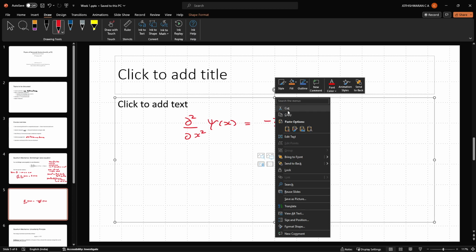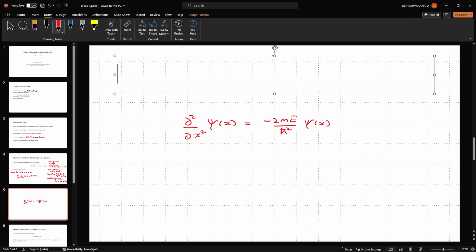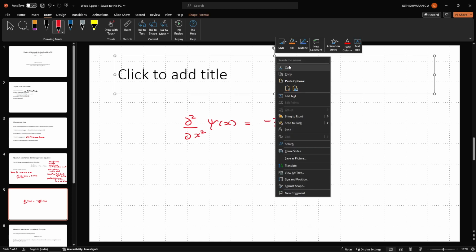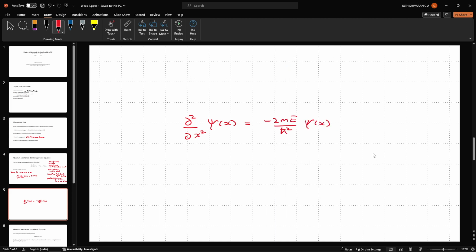Let me get rid of these boxes. Here I can take k is equal to the square root of 2mE upon h bar squared. The square root is also for the denominator.